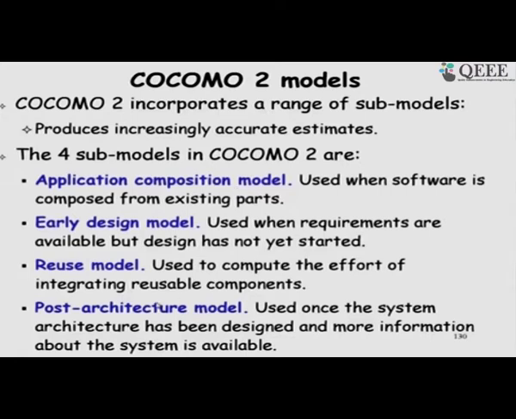In a reuse model we are modifying code, doing white box reuse, whereas in the application composition model the components are available without modifying the internals, just using them, as in black box reuse.